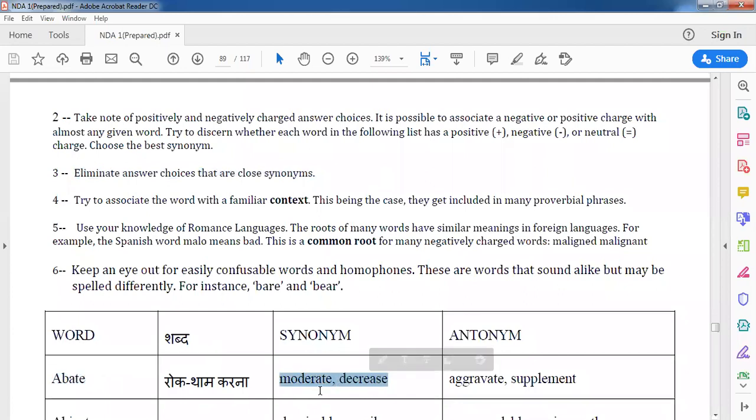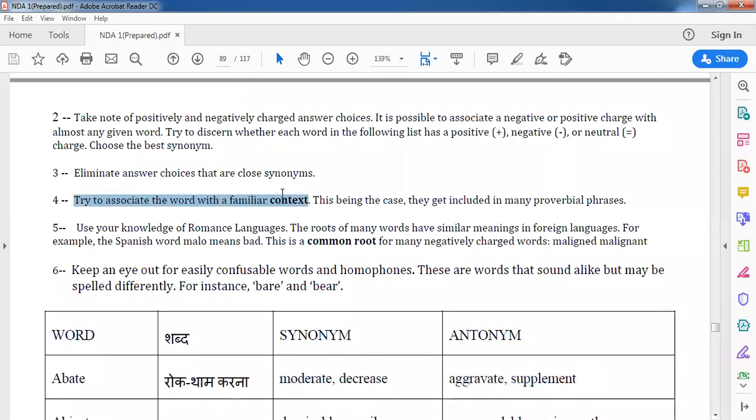Now, out of the choices, if you are able to find these words, but this abate word, you need to find an antonym. Then you have to find out the synonyms first, and then the opposite of synonyms would be the antonyms. So this is a process to reach antonyms.